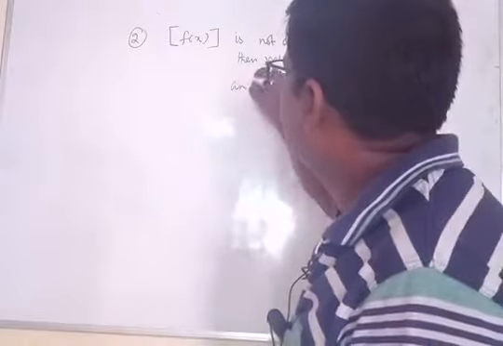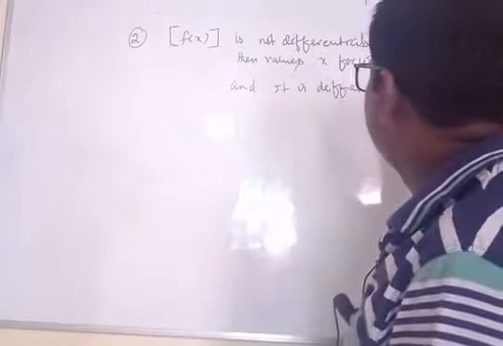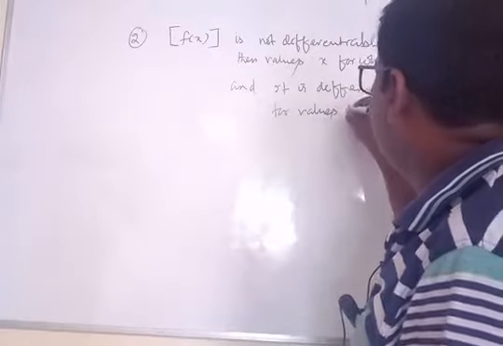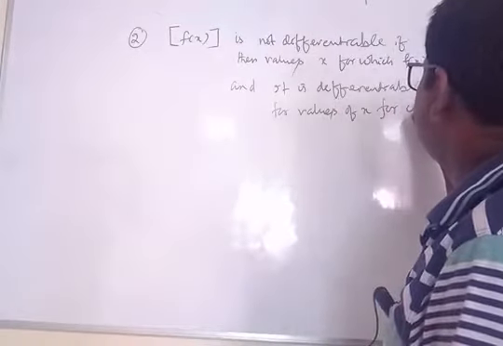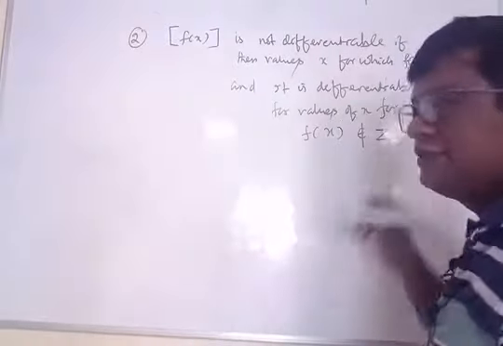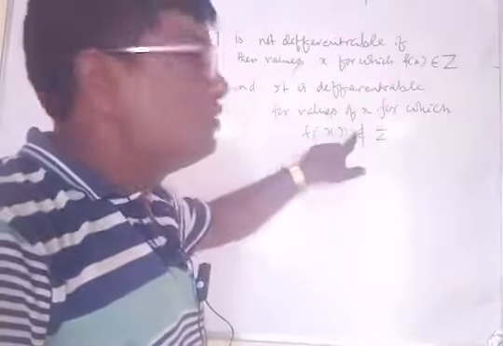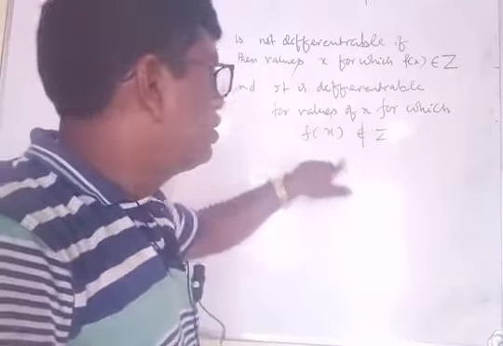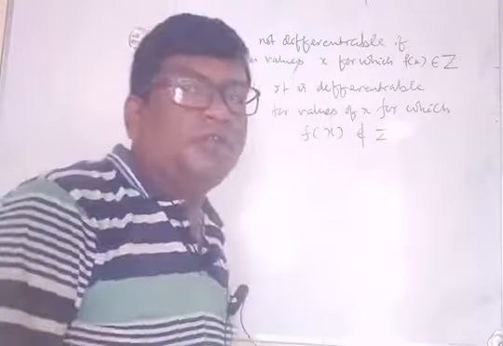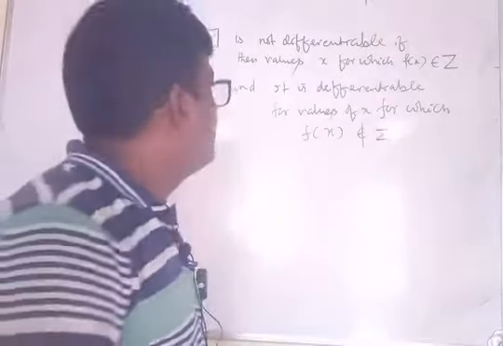And it is differentiable for values of x for which f of x does not belong to Z. But it is not differentiable for the values of x such that f of x is equal to an integer. Clear? Now let's see some examples.